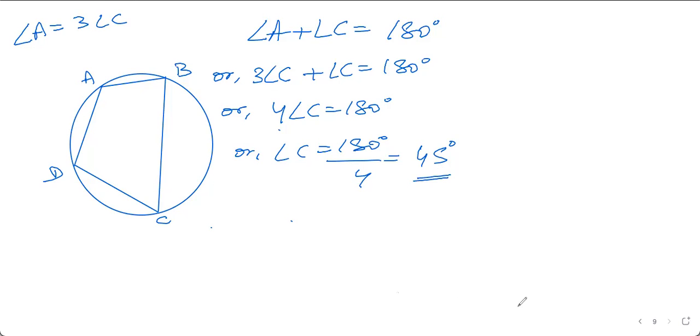Angle A is thrice the angle of angle C. So I wrote angle A equals 3 angle C. कुछ कुछ लोग ऐसे भी करेंगे, they will say this is x, this is 3x. अभी भी लेकिन कुछ गलत, ये क्वेश्चन है ही नहीं.